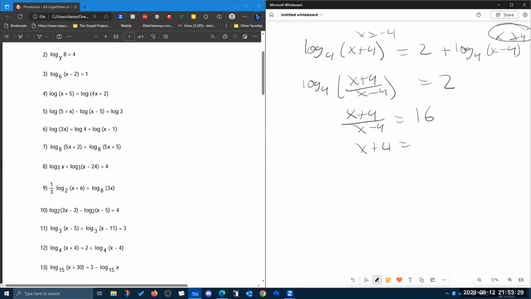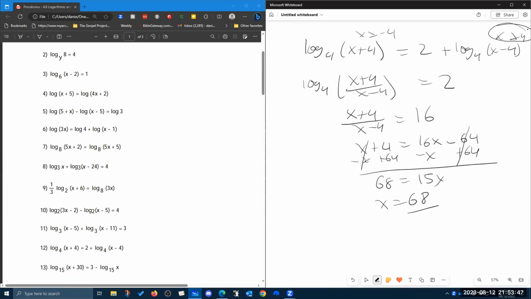X plus 4 equals 16x minus 64. Subtract x, add 64. 68 equals 15x. X equals 68 over 15. So 15 times 4 is 60. So 68 over 15 is bigger than 4.